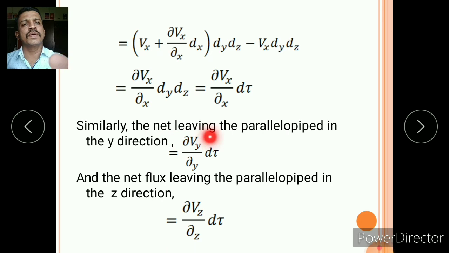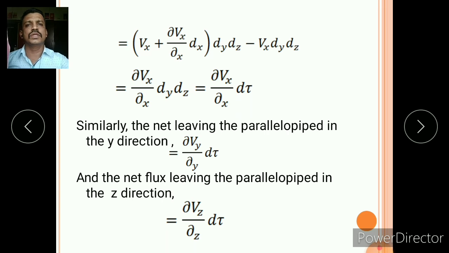Similarly, the net flux leaving the parallelepiped in the y direction is ∂Vy/∂y into d tau. The net flux leaving the parallelepiped in the z direction is ∂Vz/∂z into d tau. So in the x direction, ∂Vx upon ∂x into d tau; similarly, in the y direction, ∂Vy by ∂y into d tau, and in the z direction, ∂Vz upon ∂z into d tau.